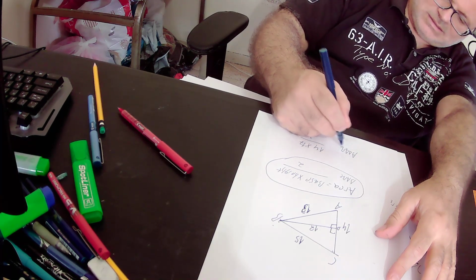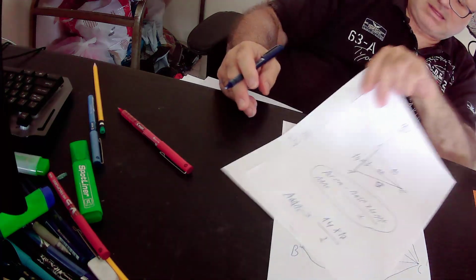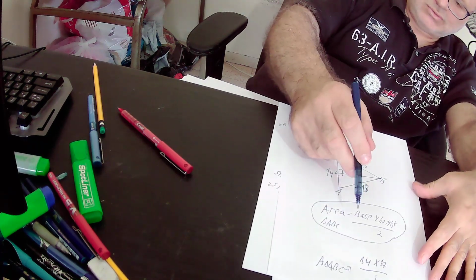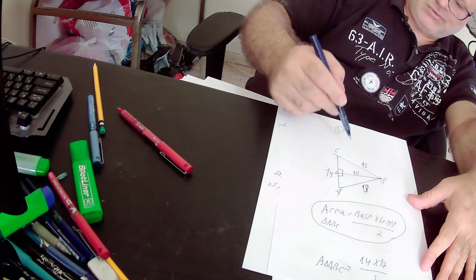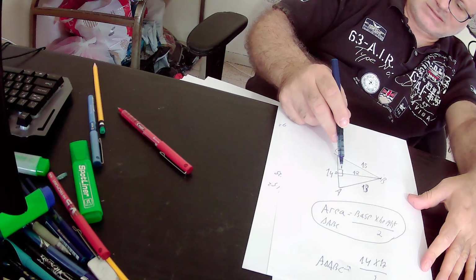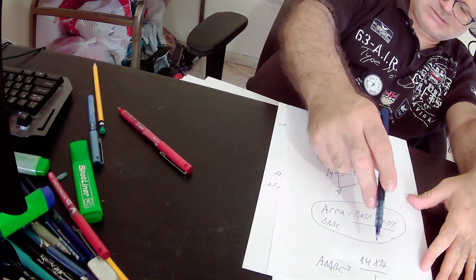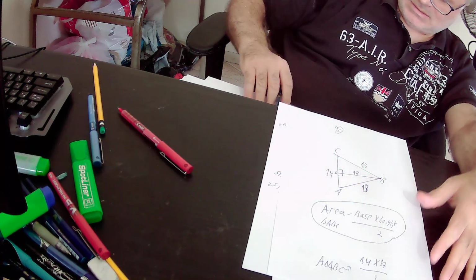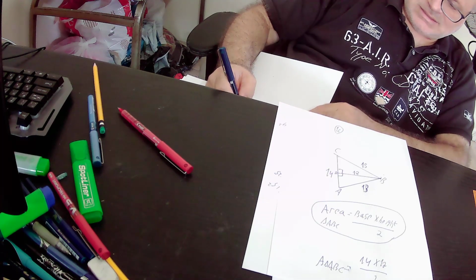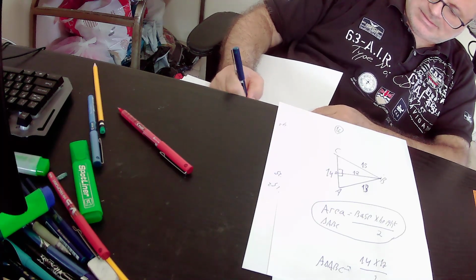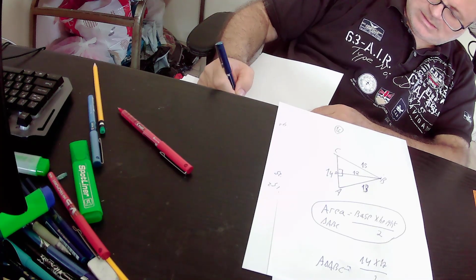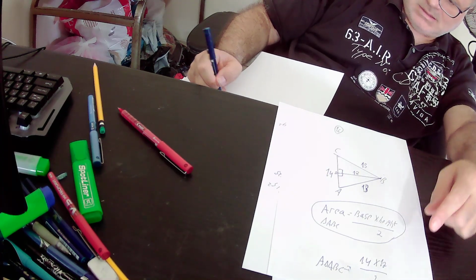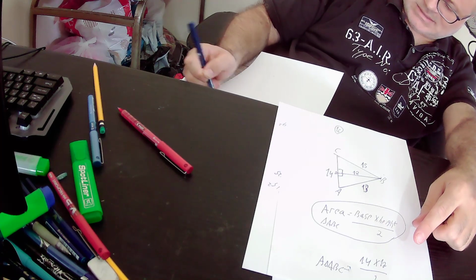Again, the area of triangle ABC equals the base times the height to the base over 2, so the base is 14 units, the height is 12 units over 2, so 12 over 2 is 6, so we'll get that the area of triangle ABC equals 14 times 6.